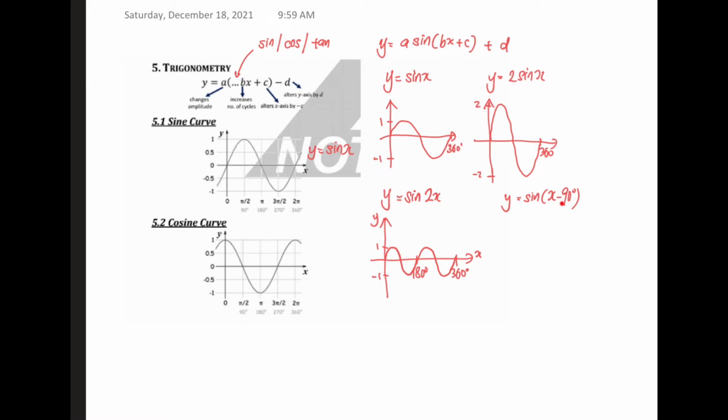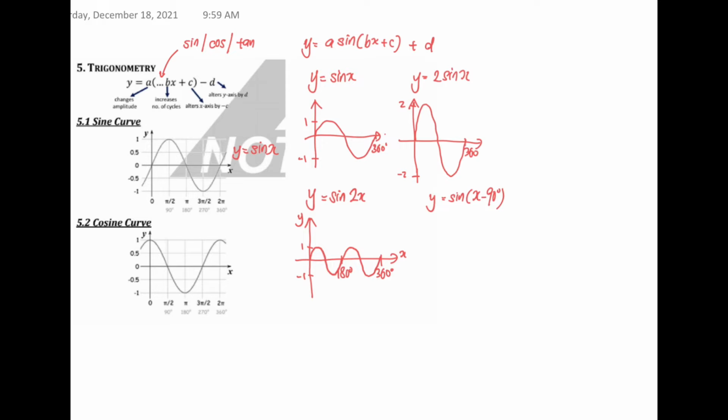So if this is -90 degree, then the effect is positive 90 degree, which means the graph will go to the right by 90 degree. So it's the opposite one. If -90, then you think of positive 90, which is to the right.